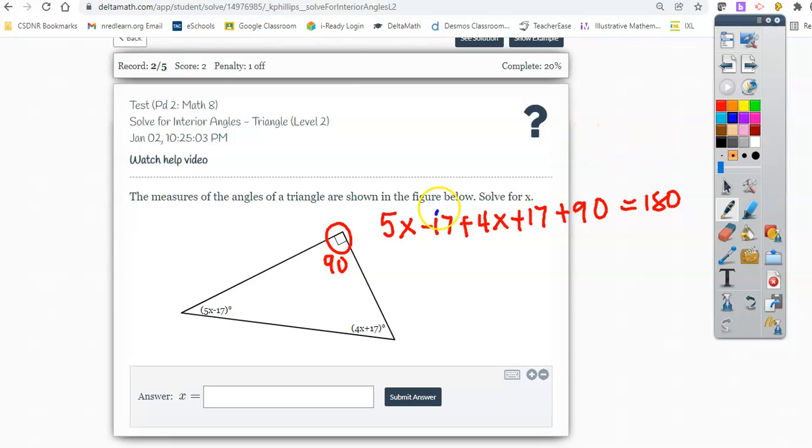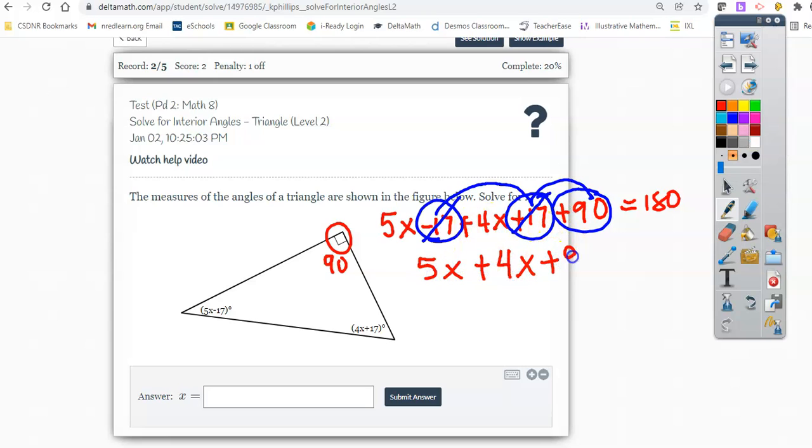Now if I start with my constants again, these are the 3, minus 17 plus 17 plus 90. Now a minus 17 and a plus 17 are opposites, so I already know that these are going to cancel each other out. So I can quickly rewrite my problem here because that just leaves me with 90.